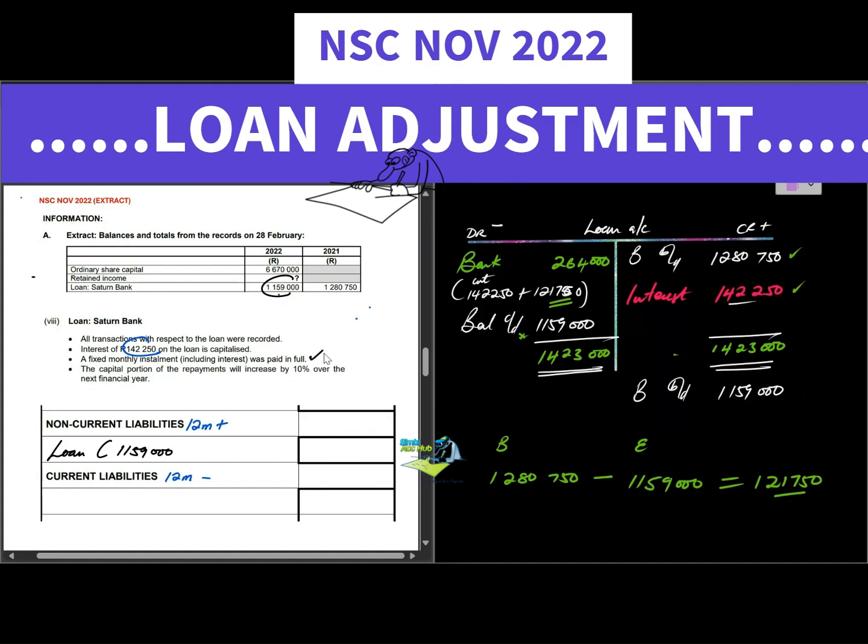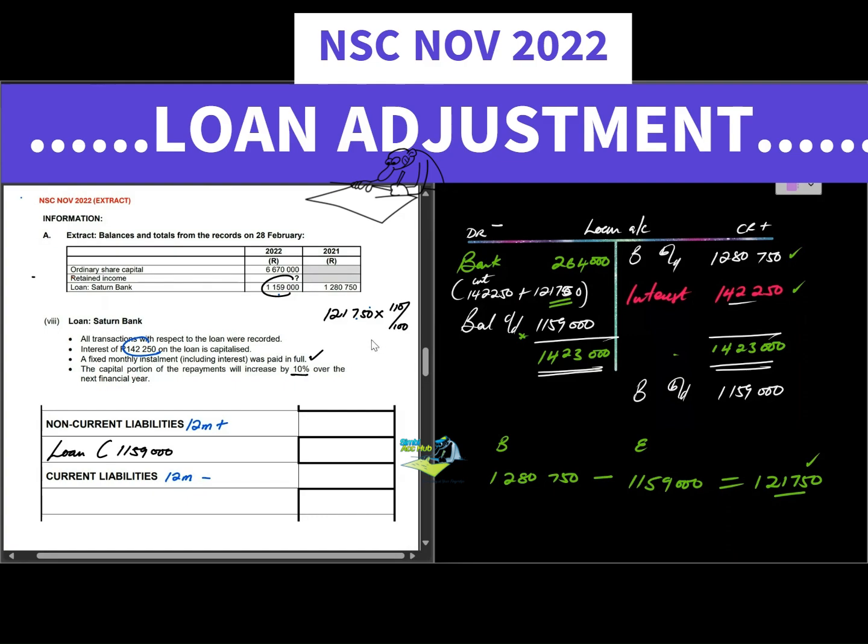We are then told a fixed monthly installment, including interest, was paid in full. So we have already considered that. Now, the capital portion of the repayment will increase by 10% over the next financial year. The capital portion we have already calculated. It's 121,750. Now we're being told that it's going to increase by 10%. So in other words, it's going to be 121,750 multiplied by 110 over 100.